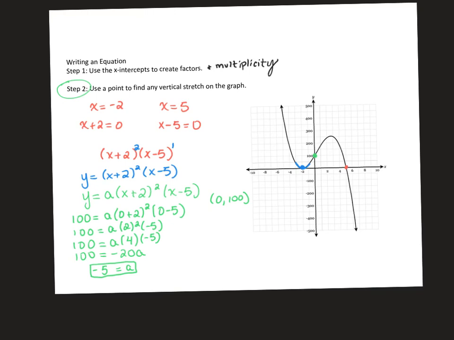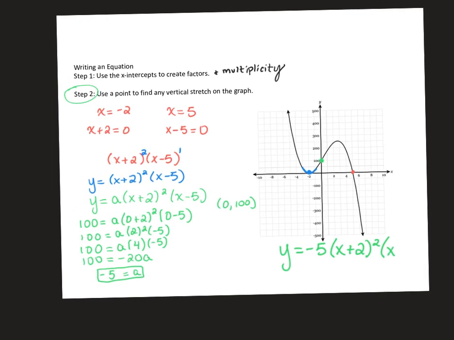So my final equation of this graph is going to be y equals -5 times x plus 2 squared times x minus 5. That's it for this video. We will do more practice with this in class tomorrow.